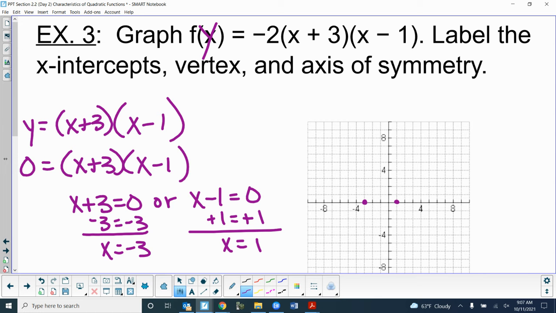All right? Basically, we know that our parabolas are symmetrical, right? We have an axis of symmetry. It cuts your parabola in half, so it's got to go halfway between those, right? Or, what is negative 3 plus 1? And what's negative 2 divided by 2?